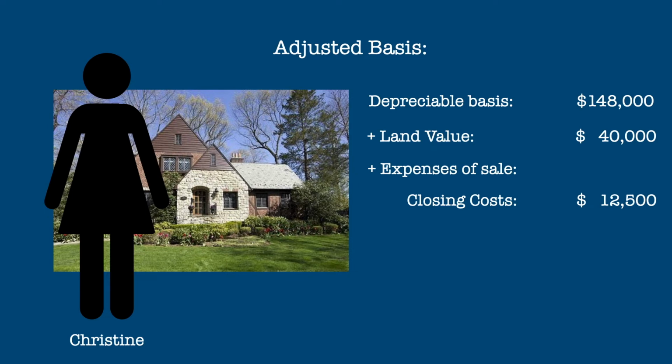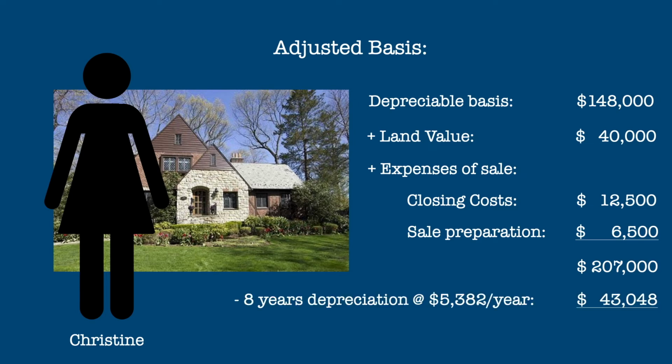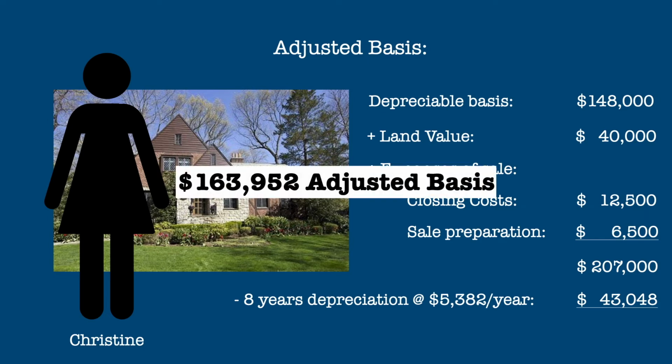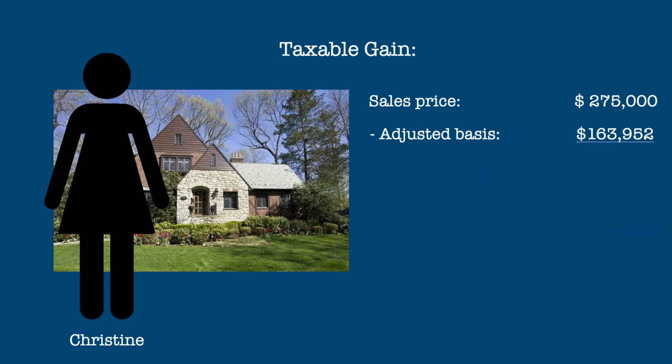Her closing costs were $12,500, and she spent $6,500 on preparing the property for sale. That brings her basis up to $207,000, but now we have to subtract 8 years of depreciation, or $43,048, bringing her basis down to $163,952. Subtract this adjusted basis from the sale price, and you get a taxable gain of $111,048.